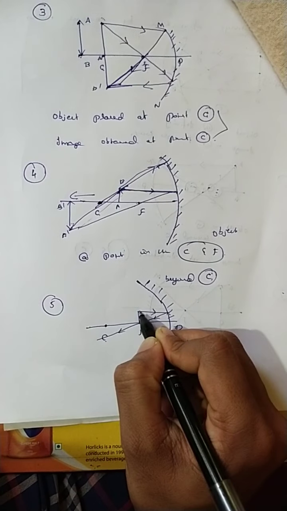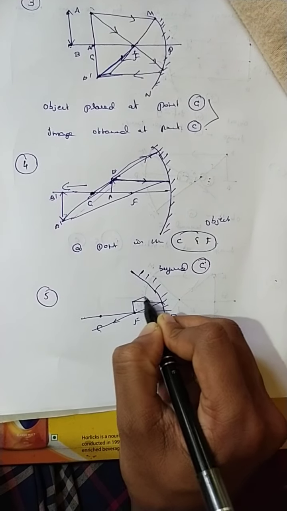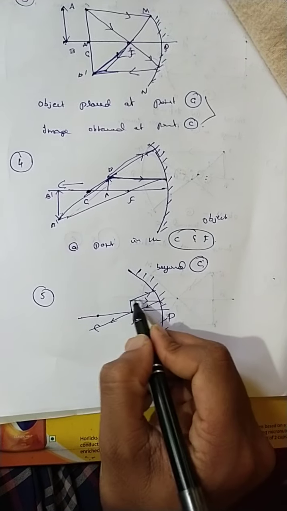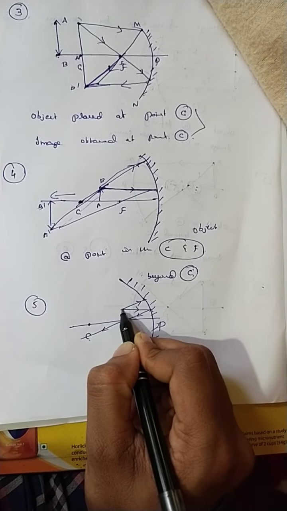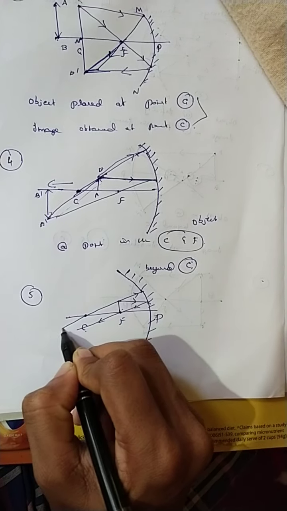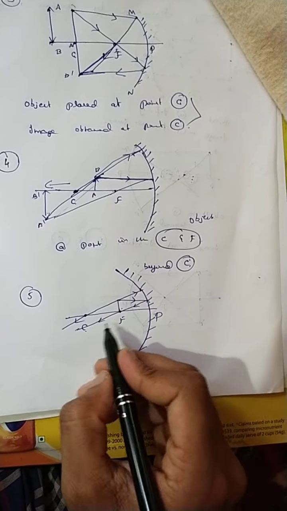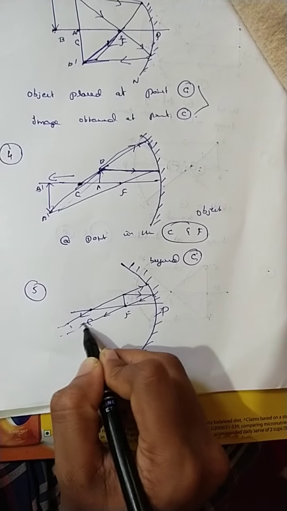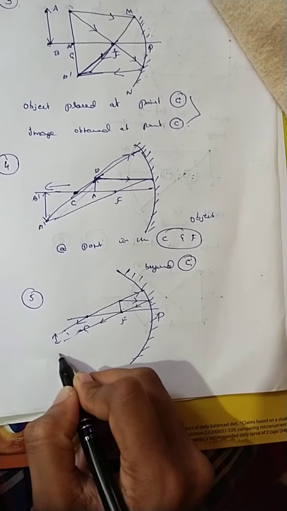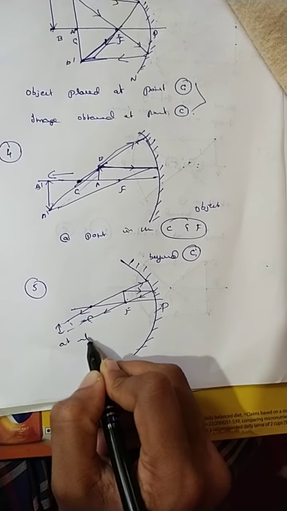Then the second ray passes through the center of curvature. The image is obtained at infinity.